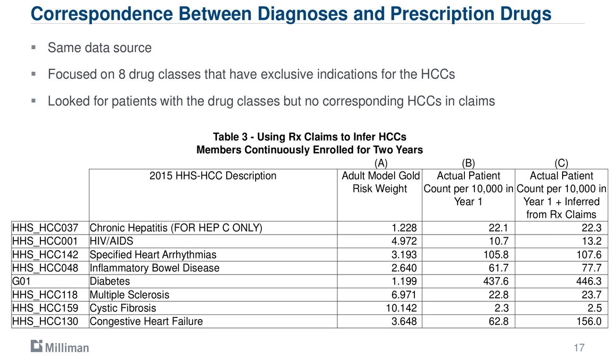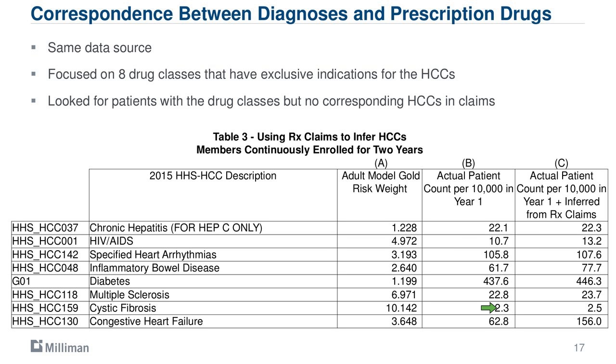And here we're also showing that these conditions in column A are material and pretty substantial. Even though cystic fibrosis is a fairly rare condition, it's still a pretty large risk score in the model.